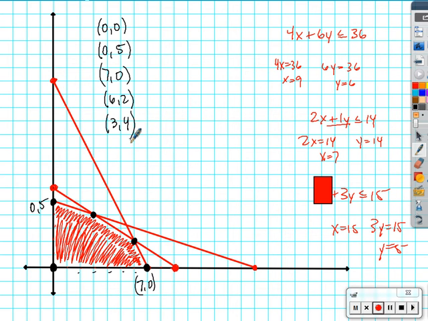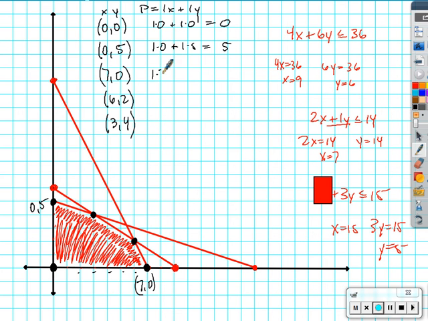I'm going to plug each of these x and y values into my profit equation, which says 1x plus 1y. For 0, 0: 1 times 0 plus 1 times 0 gives me a profit of 0. Here, 1 times 0 plus 1 times 5 gives me a profit of $5.